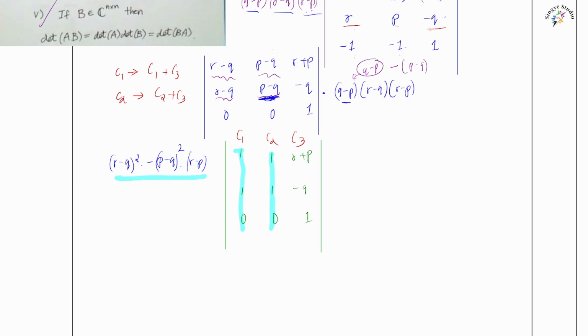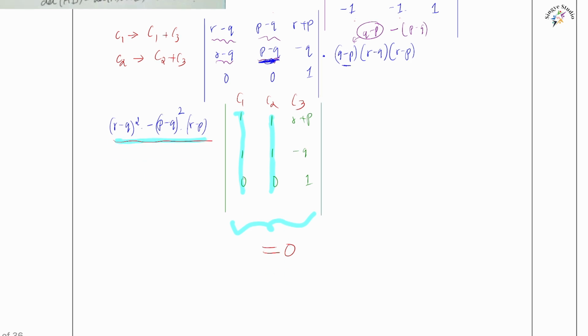Therefore this whole determinant will be simply 0, because we have learned that the determinant of a matrix with identical columns or rows is 0, and these are the scalars. Therefore our determinant is finally 0.